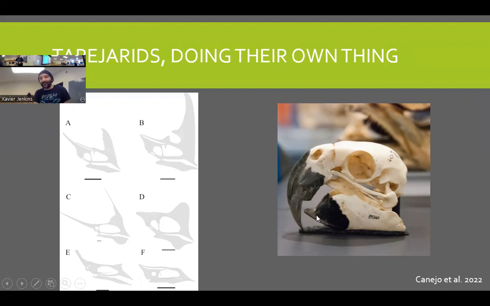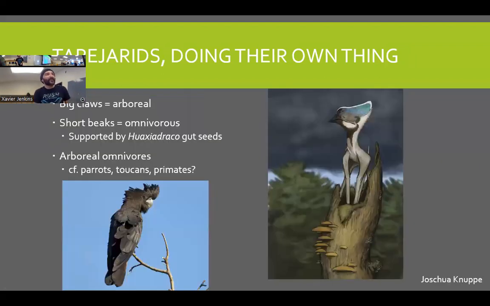You got these sort of bumps that fit into notches on the lower jaw. Parrots are mostly herbivores. They're going to be eating fruits, seeds, other plant matter, etc. And so it's thought that Tapejarids probably lived similarly. They were omnivores and had a lot of plants in their diet, as directly supported by the seeds we found in their guts. And combining this with the big claws of a tree-living animal, these guys were basically filling the same niche that parrots and toucans do today.